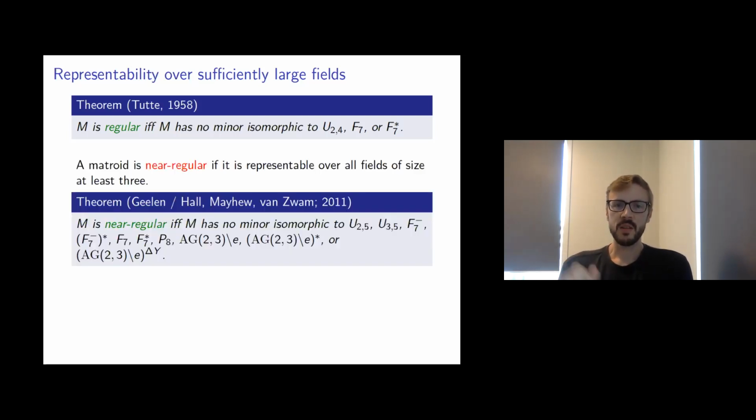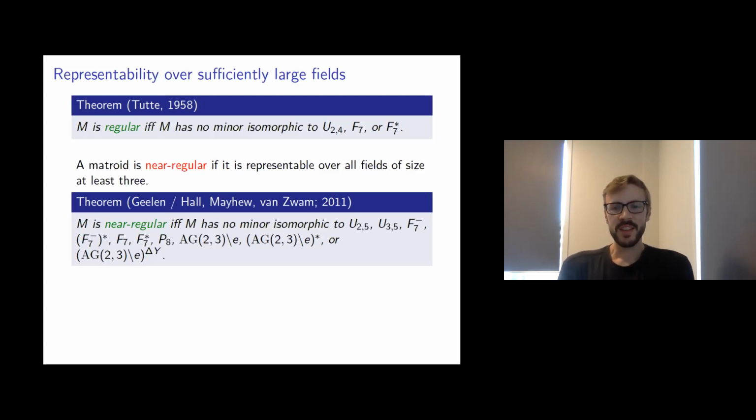If you look at all matroids representable over fields of size at least 3, so representable over everything except perhaps GF(2), then you get the class known as near-regular matroids. Rhiannon Hall, Dillon Mayhew and Stefan van Zwam published the proof of the excluded-minor characterization for near-regular matroids. There are 10 of these, I think.